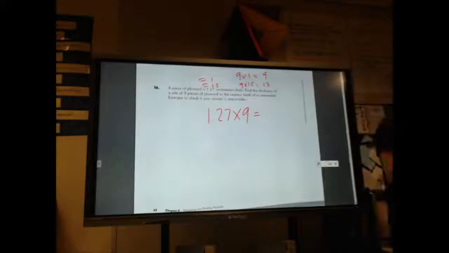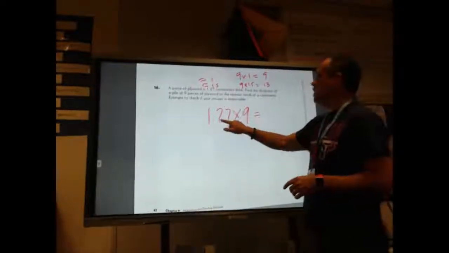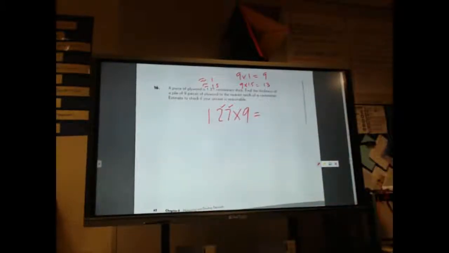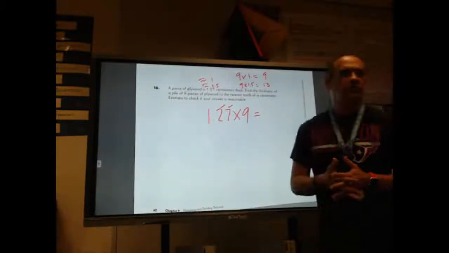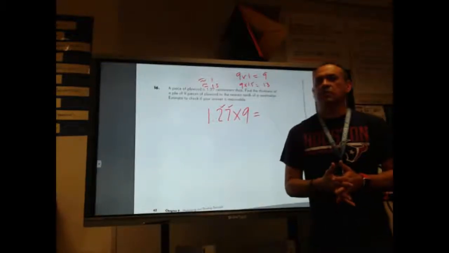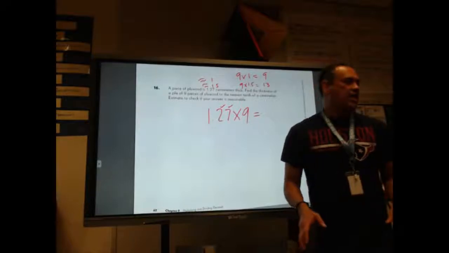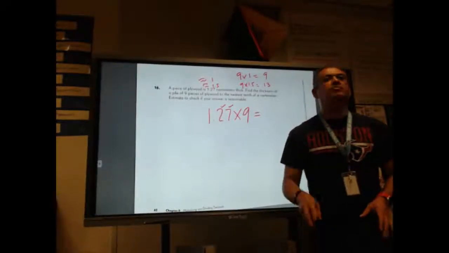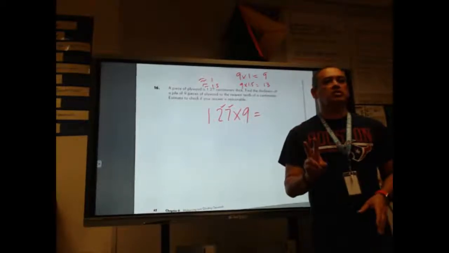The first thing that I'm going to ask myself is, how many decimals do I have? 1 decimal? 2. We have 2 decimals. The 2 and the 7, right? That's 2 decimals, right? So what does that mean? That means that at the end, when I get my product, I should have 2 decimals, right?